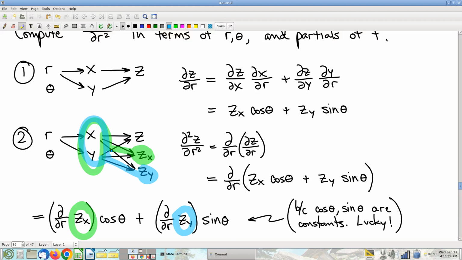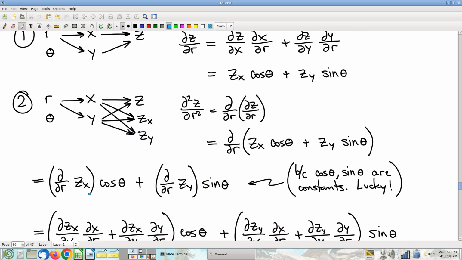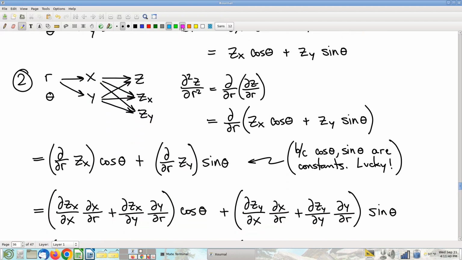And with our new appended diagram, now it's just a matter of writing down the chain rule the same way we would in any other situation. And so here we go. Let's write down the chain rule here for partial of ZX with respect to R. Well, there's ZX. There's R.